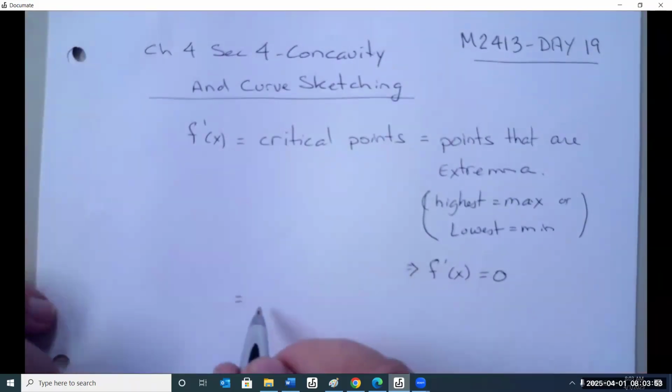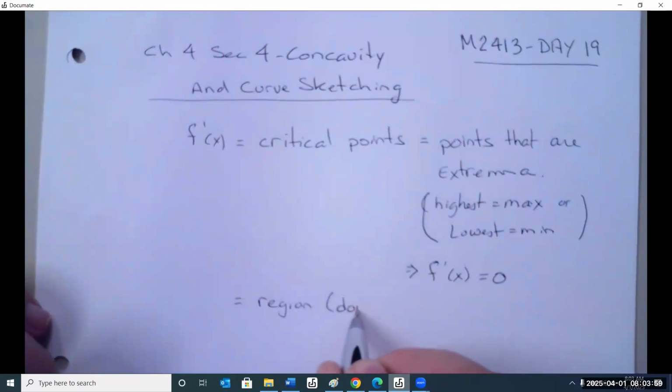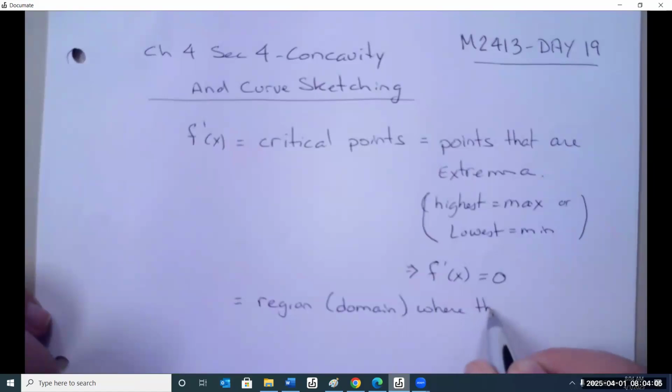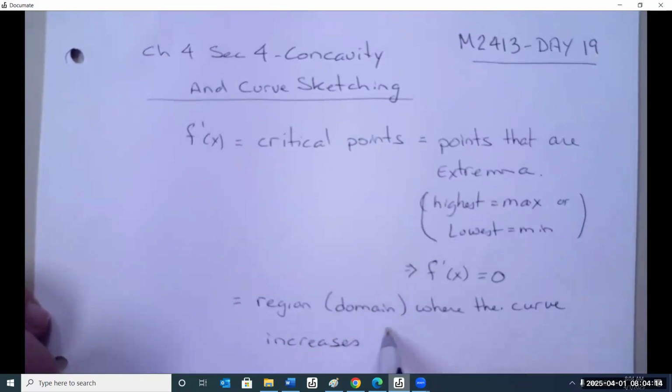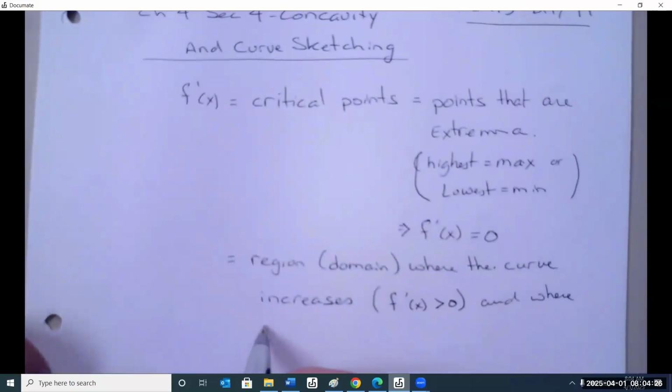So the first derivative also tells us the region or the domain where the curve increases, or the first derivative is positive, and where it decreases, the first derivative is negative.